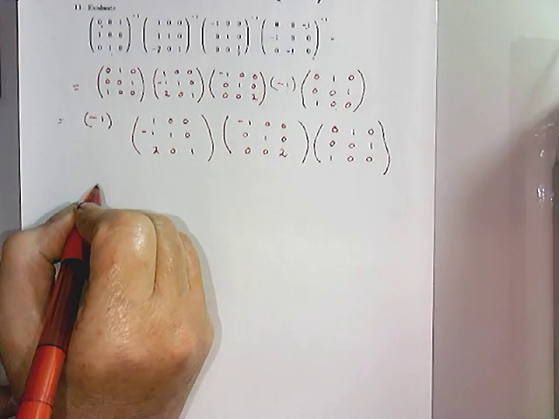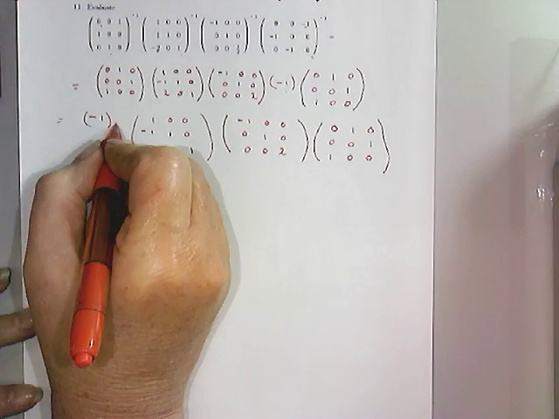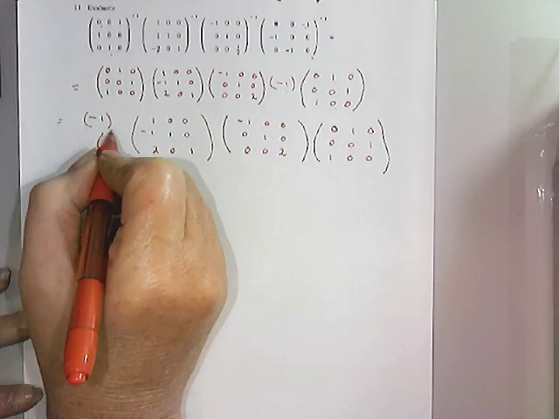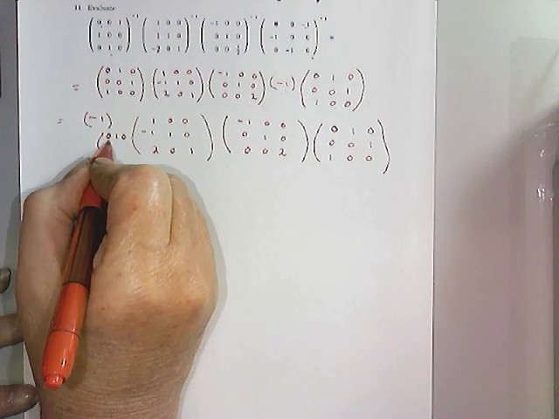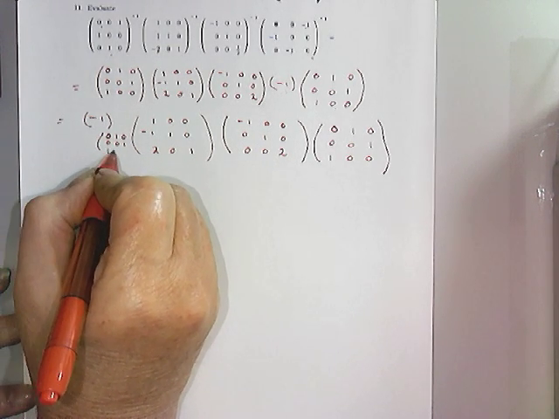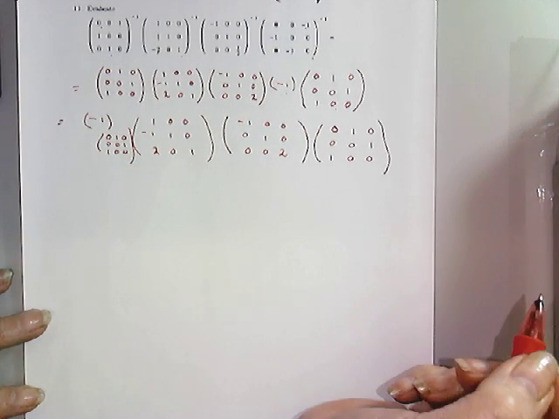Now, I think I skipped something though, didn't I? I forgot the first matrix here, 0, 1, 0, 0, 0, 1, 1, 0, 0. And then I could multiply everything by -1.